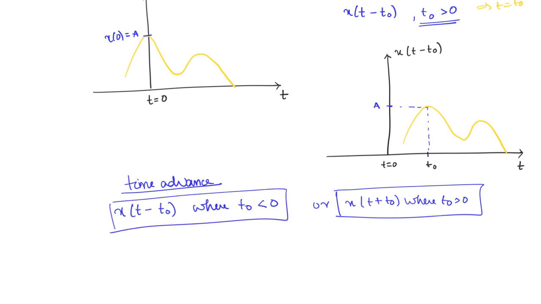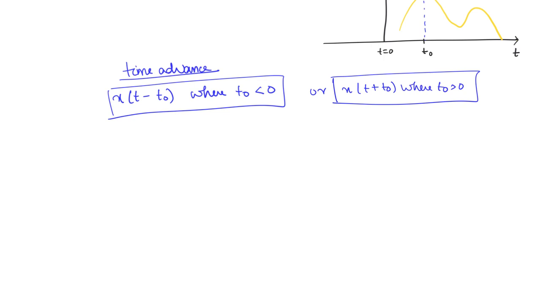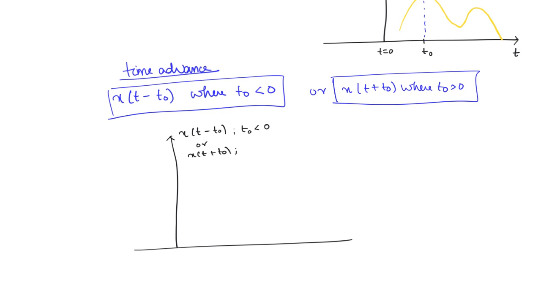Now how will the signal look like? x of t minus t naught where t naught is less than 0, or x of t plus t naught where t naught is greater than 0. How will the signal look like? Let us say t naught is here. Now the peak is going to occur at t naught, and what is the value of the peak?